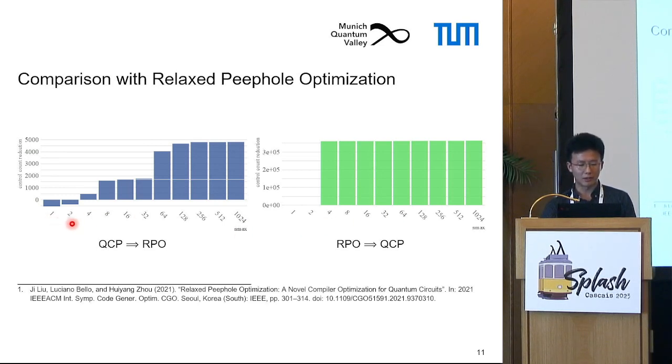So if you set the Nmax to be only 1 or 2, then by composing in our optimization pass, the overall case is deteriorating. However, if you allow for a larger Nmax, then the overall effect can be significantly improved. So this also showcases that our method is not subsumed, and it offers much more than what already exists.